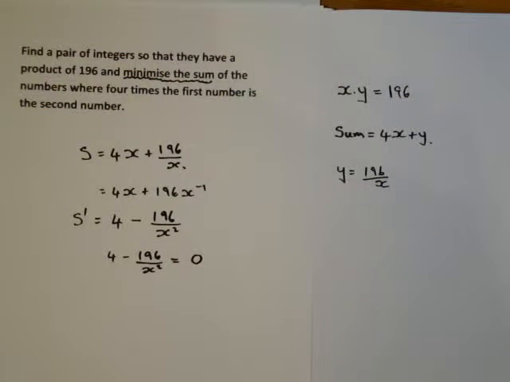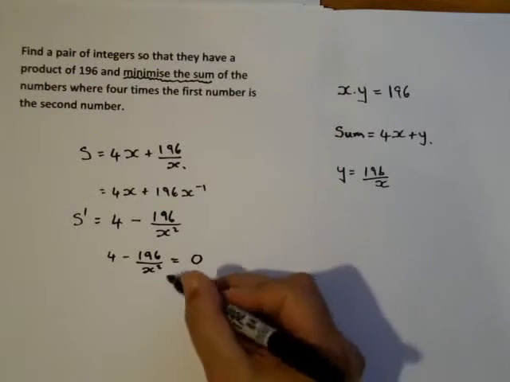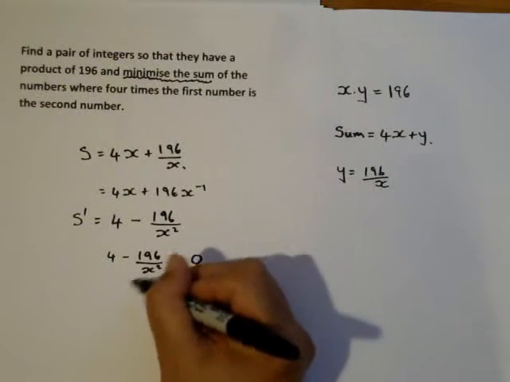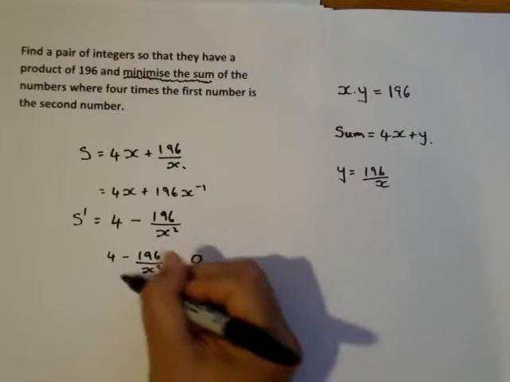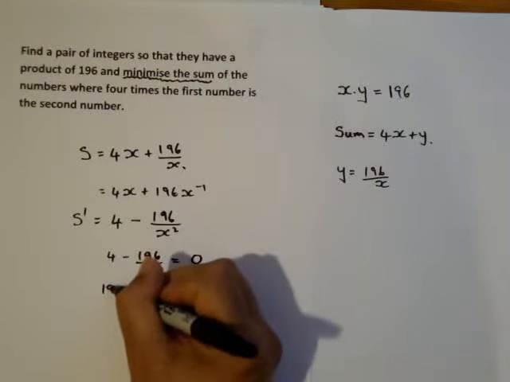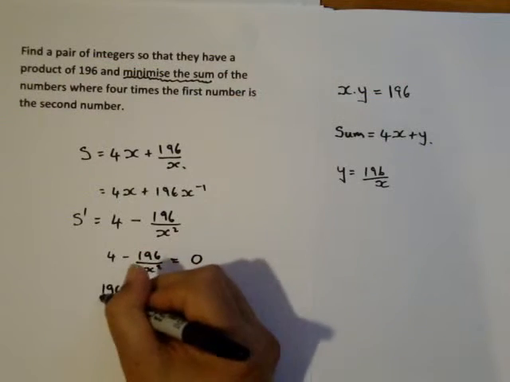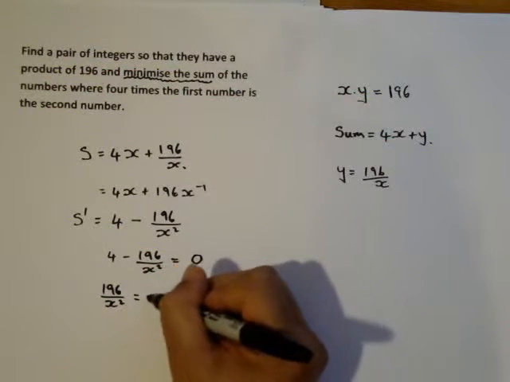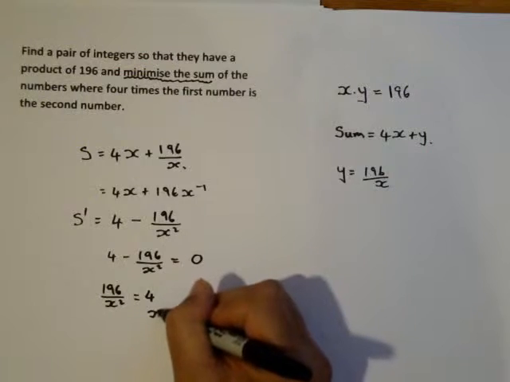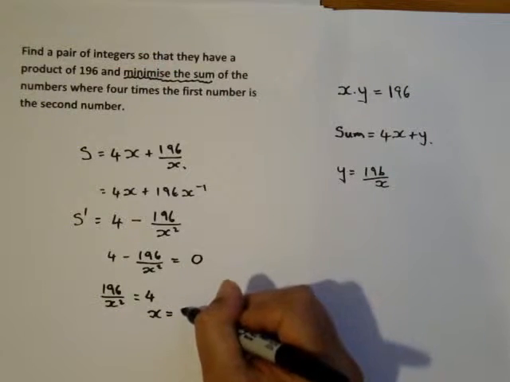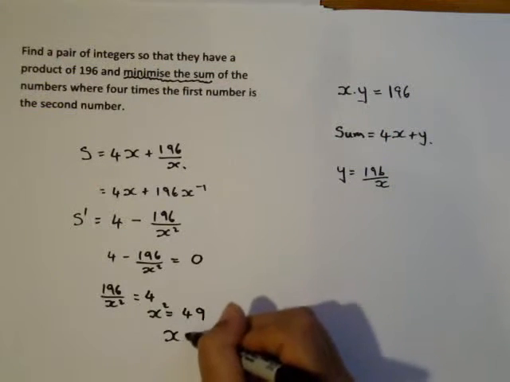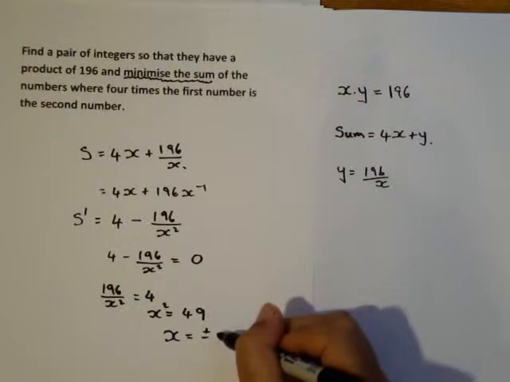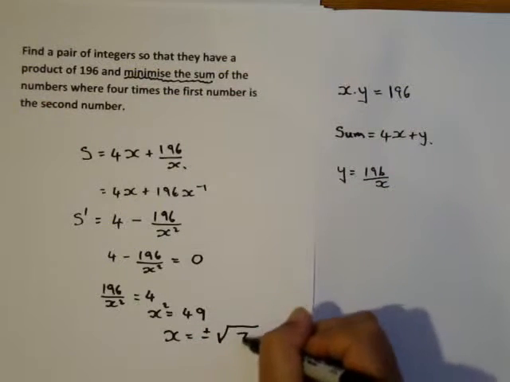This will equal 0 when 196 over x squared equals 4 to make this whole lot 0. So x squared equals 49, and x will equal plus or minus 7.